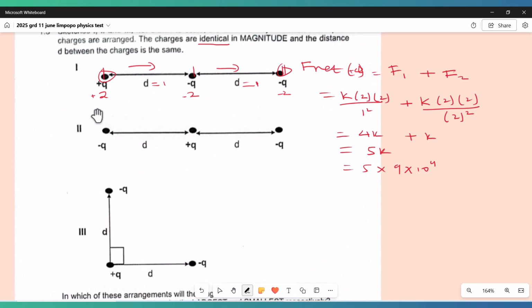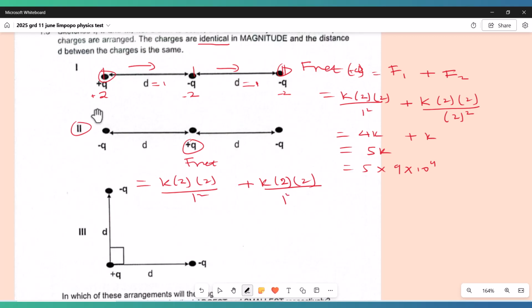Let us look at option 2. This is my positive charge, and I want the F net here. The F net will be the force between this negative charge and the positive charge. That's K multiplied by 2 times 2, with a distance of 1. Then plus again this positive charge, 2 multiplied by 2, divided by a distance also of 1.